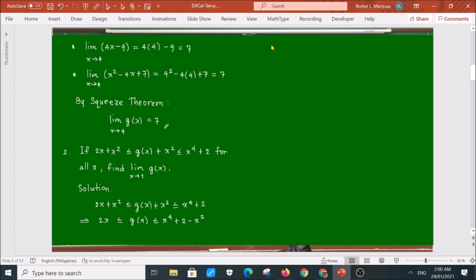Here, f of x is equal to 2x, and h of x is equal to x to the fourth minus x squared plus 2.